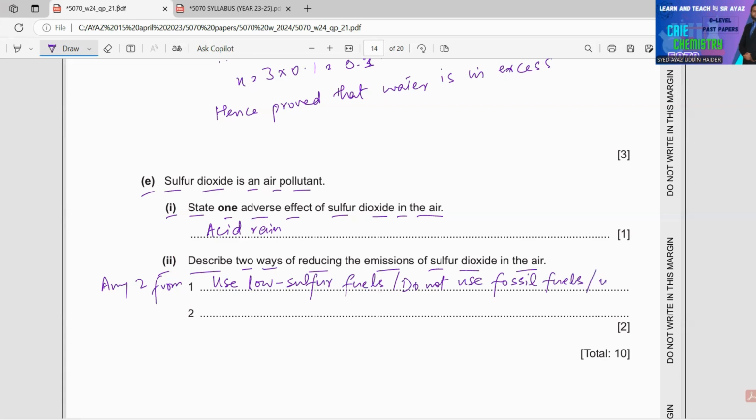Use renewable energy resources. Flue gas desulfurization.